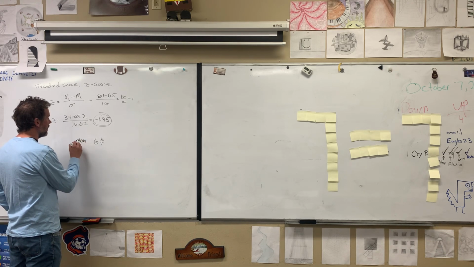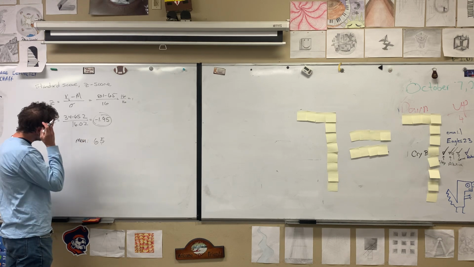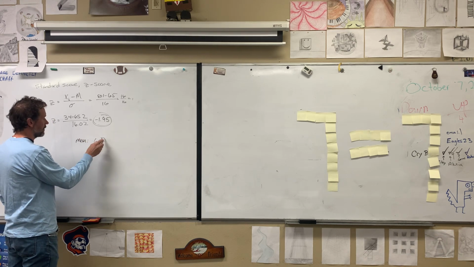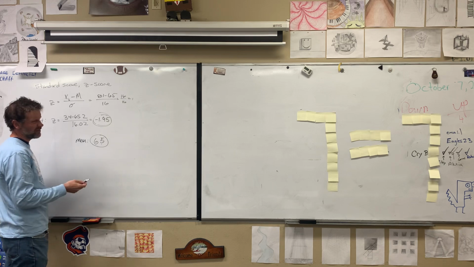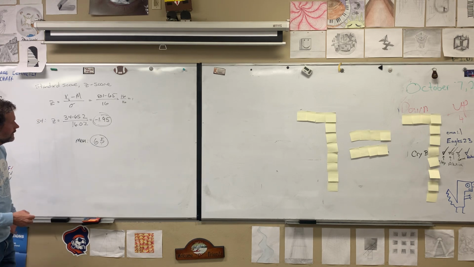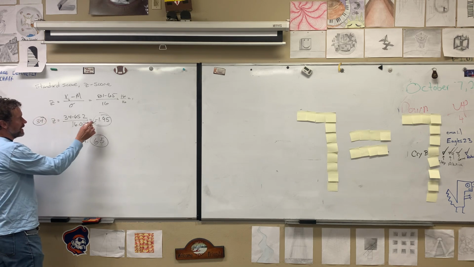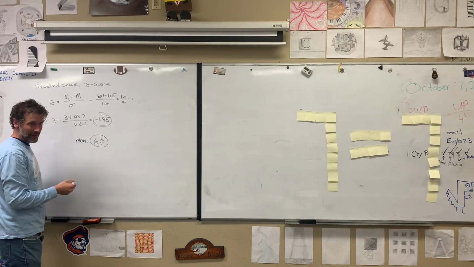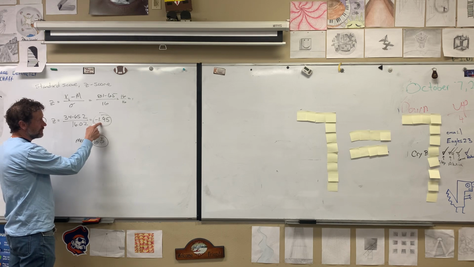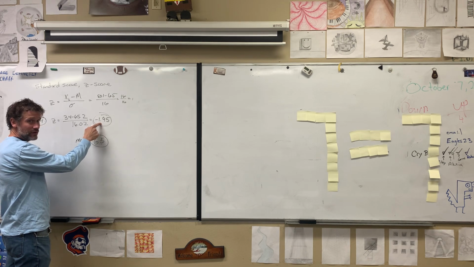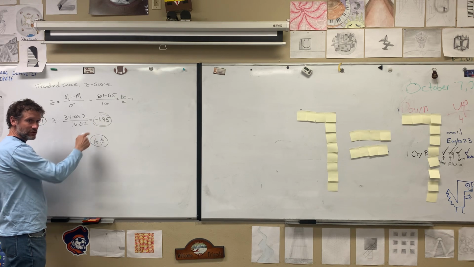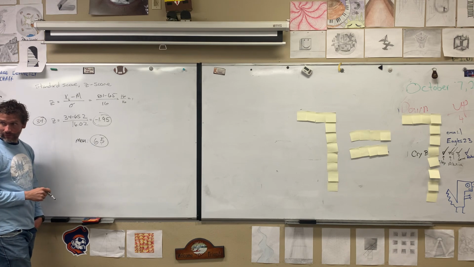The mean of the test in the other class was 65. A z-score for a score of 34 came out to be negative 1.95. What this represents is how many standard deviations you are away. Standard deviations are the average amount the data is away from the mean.